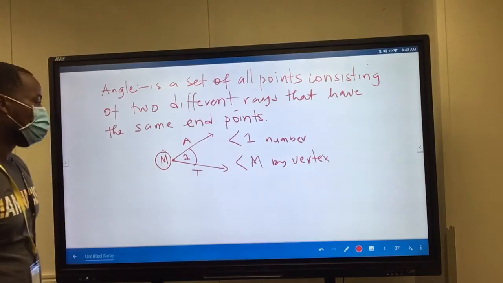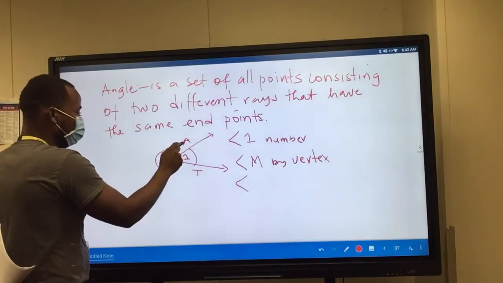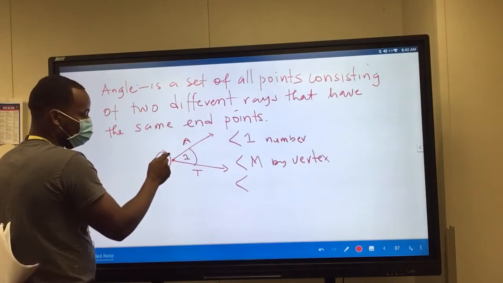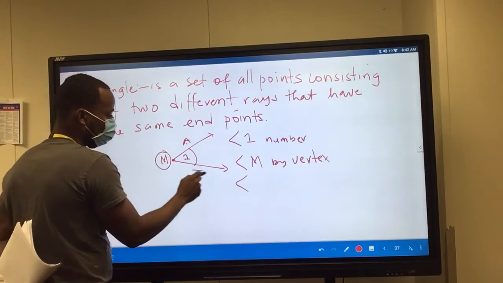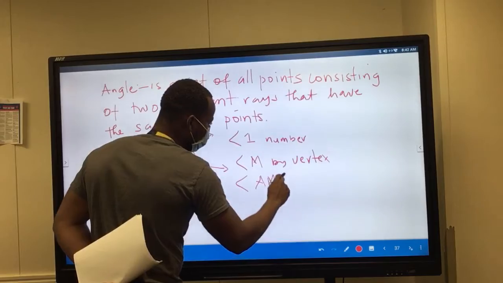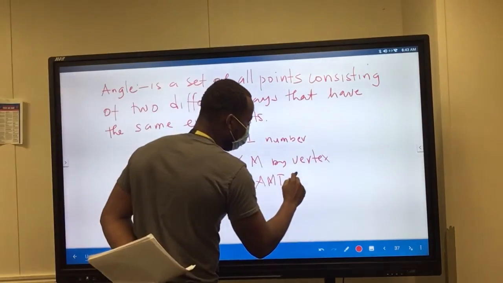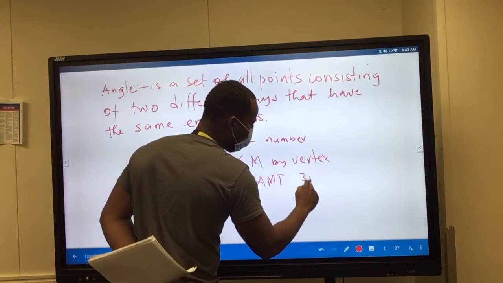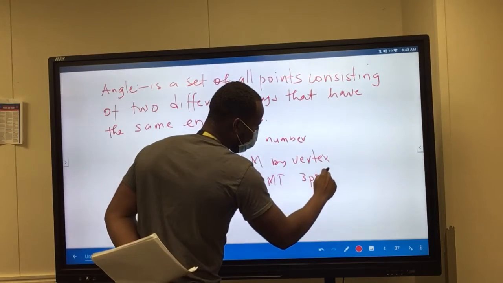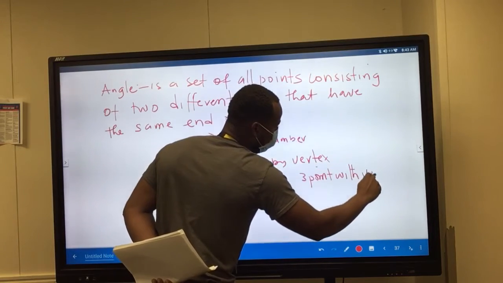Another way of naming this angle is by using 3 points. We can name it from one side, AMT, called angle AMT. Remember that the vertex is in the middle. So by 3 points, with the vertex in the middle.